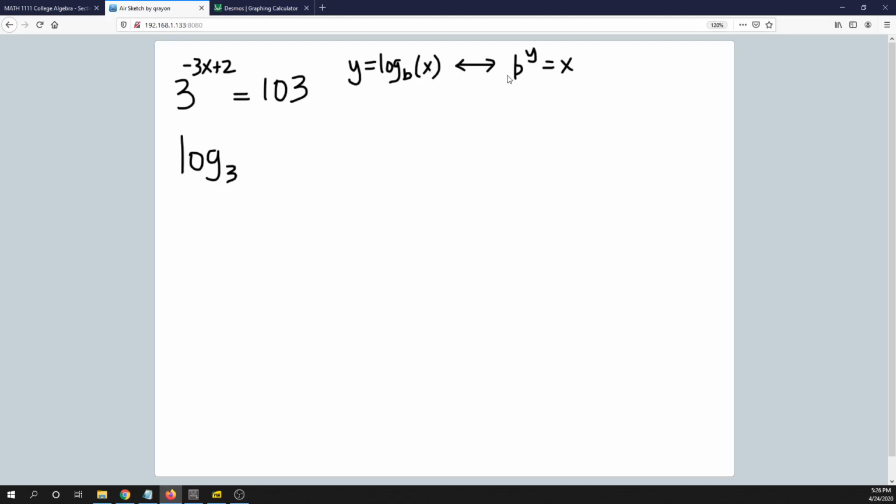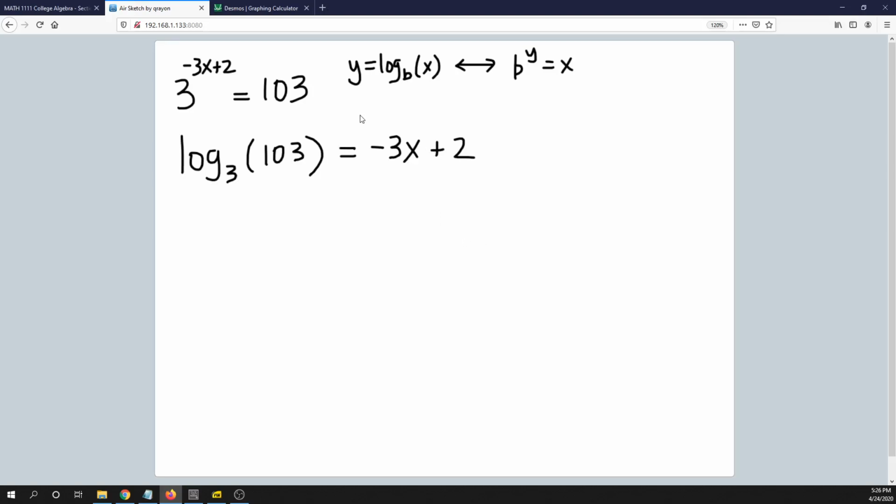The x, in the exponential form, is the expression that is by itself on the other side of the equal sign from the exponential. In this case, that's 103. And then the exponent in the exponential form goes by itself on the opposite side of the log. In this case, the exponent is minus 3x plus 2.